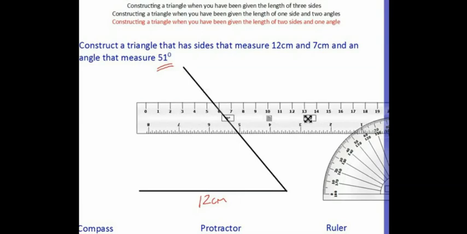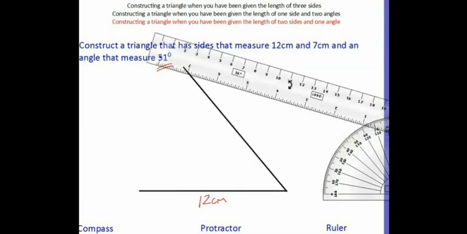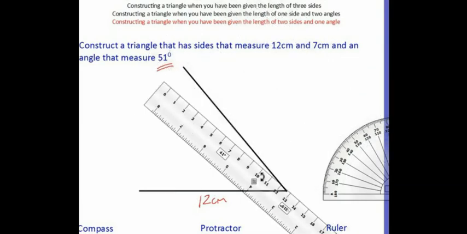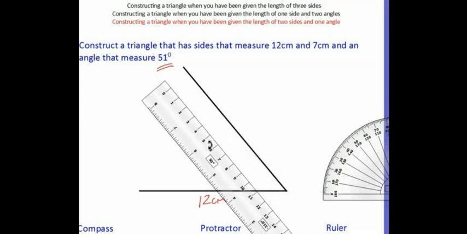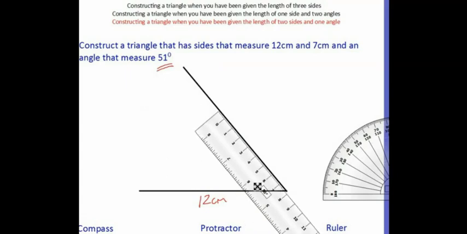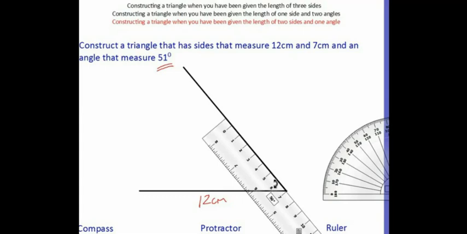And then to get this accurate, I'm then going to get my ruler and I'm going to measure 7 centimeters. So that is going to be from here. So that's going to start at 0, mark it.